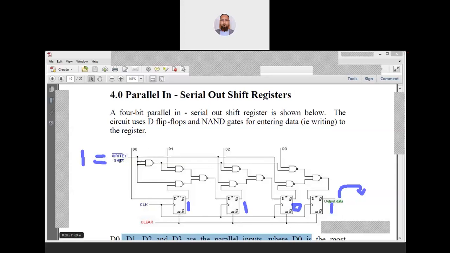So we have kept shift equals to 1. So what will happen? These data, whatever they were, we are not interested in this. Now we want to see how the data is shifting. We may keep this data while shifting.